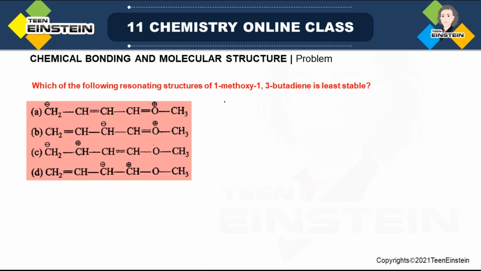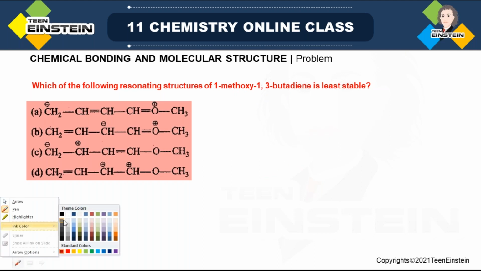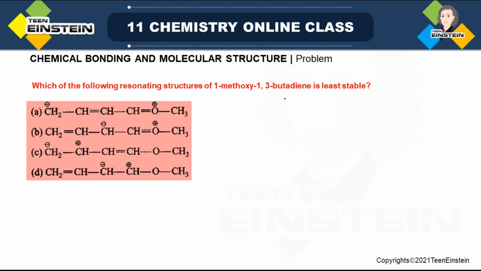Which of the following resonating structures of 1-methoxy-1,3-butadiene is least stable? Here, how to draw the structure from this IUPAC name is not required, but if you are interested, I'm just showing it.